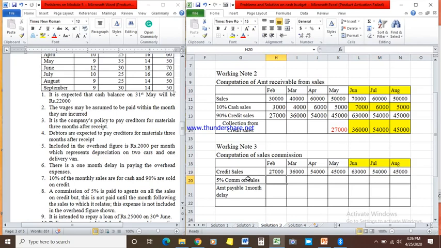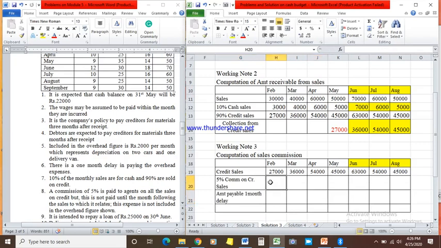Commission is 5% on credit sales, so 0.05 into 27,000 is 1350. In this way I calculate the commission on the credit sales, but this amount is going to be paid one month later.